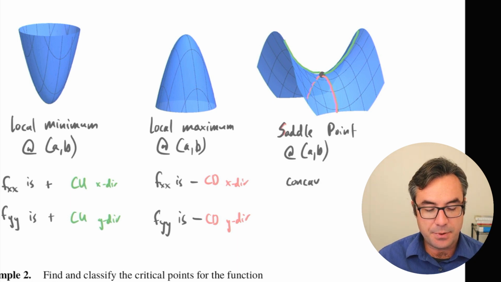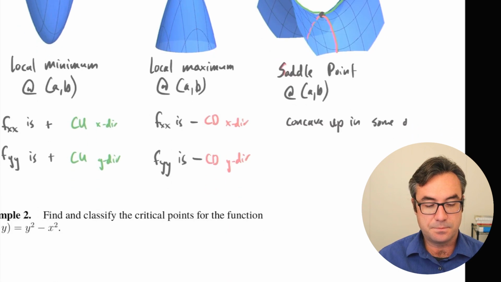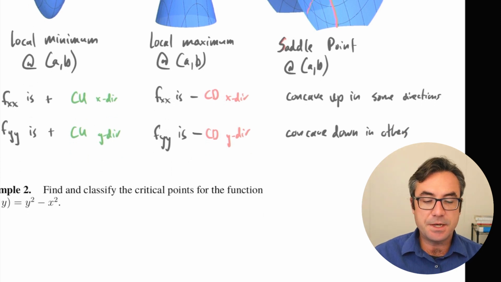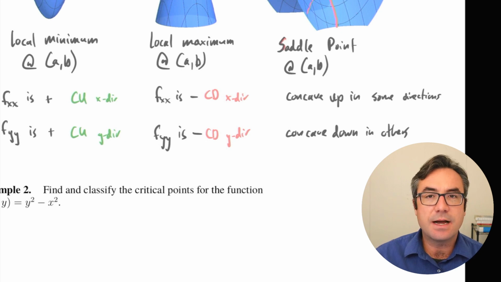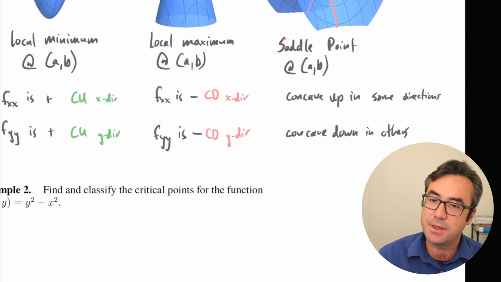So concave up in some directions, and then concave down in others. For a saddle point, it's not all concave up, it's not all concave down. One of the directions is going to be concave up, the other one's going to be concave down.